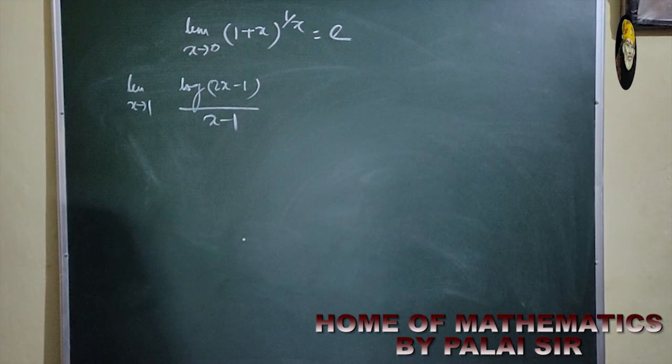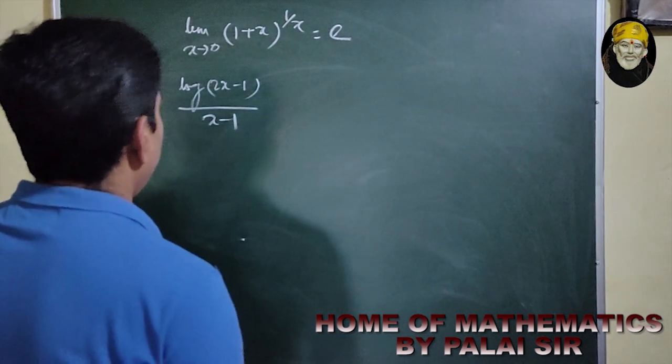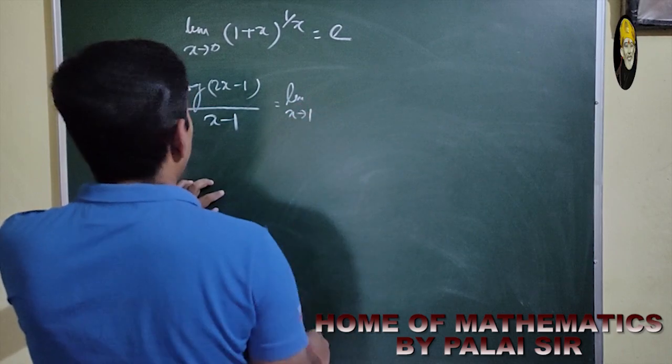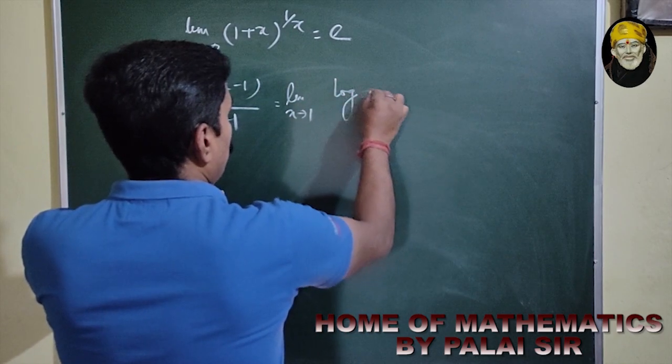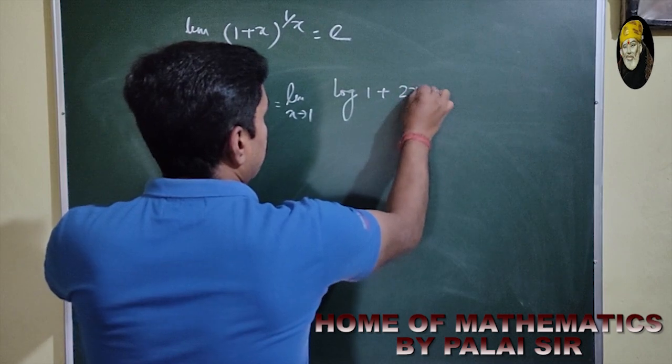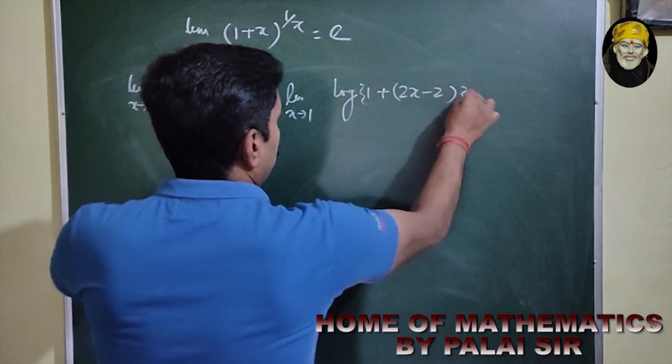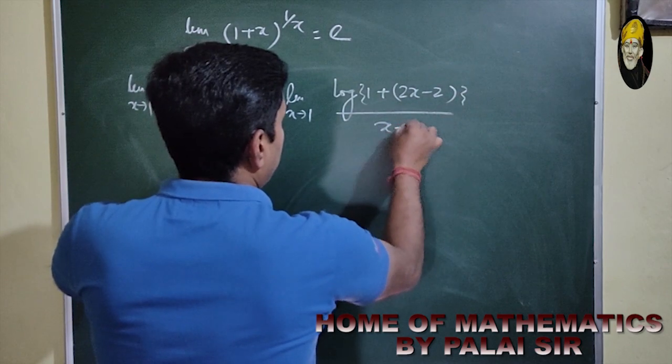So here, this is limit x tends to 1, log(1 plus 2x minus 2) divided by (x minus 1).